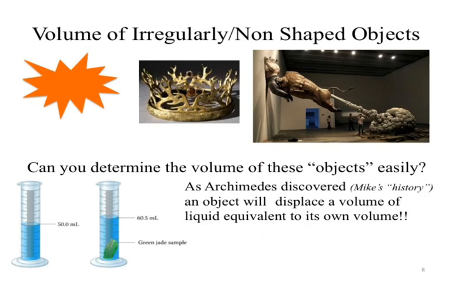So let's take a look at a quick example. If we were going to figure out the volume of the green jade sample, we take a look at what we started with initially and what we ended with after. And we look at our change in volume. Change is typically represented with a delta symbol. Volume will always be final minus initial.